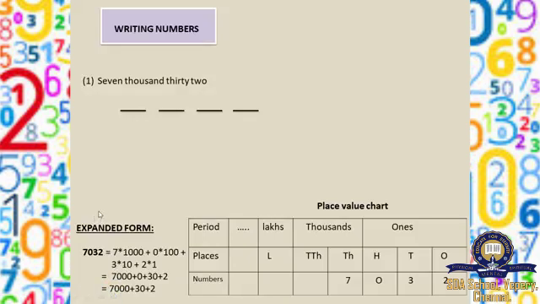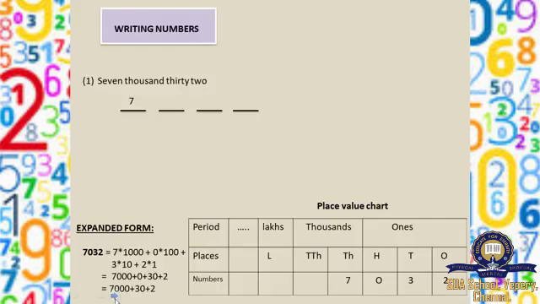Writing numbers. 7,032 is given in words. We have to write it in numbers. Thousand means 1 followed by 3 zeros, so there must be 4 digits. So 7,000, the first number should be 7.